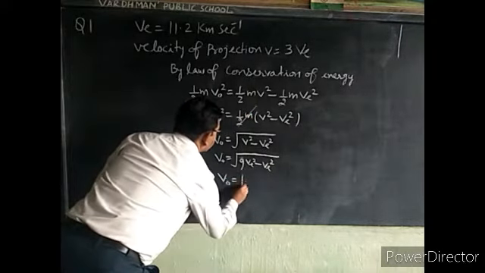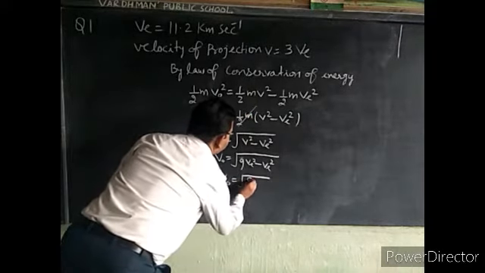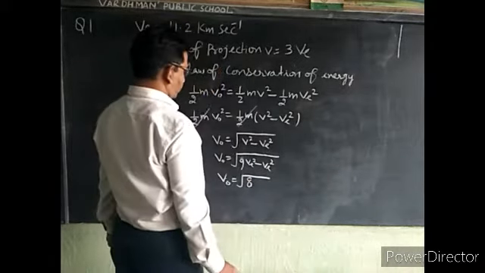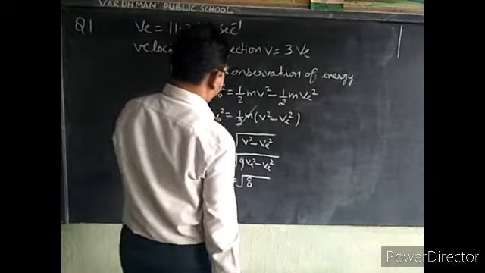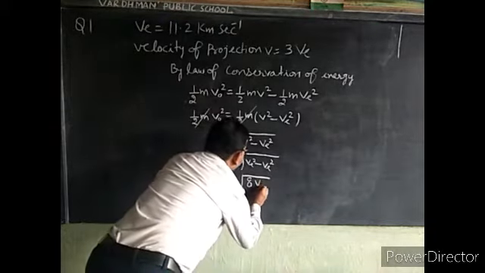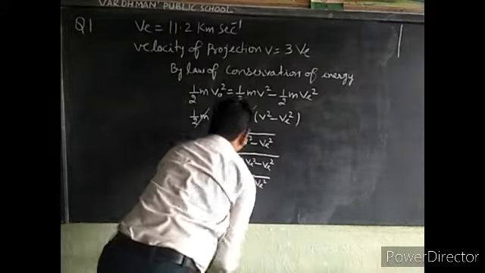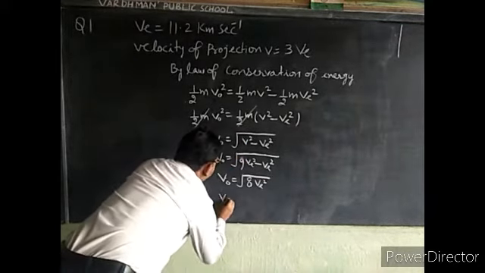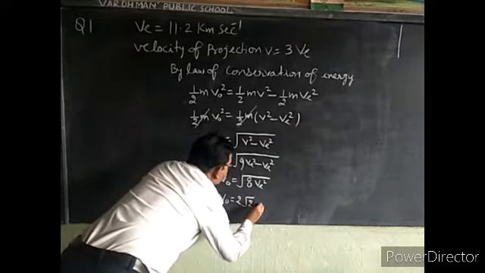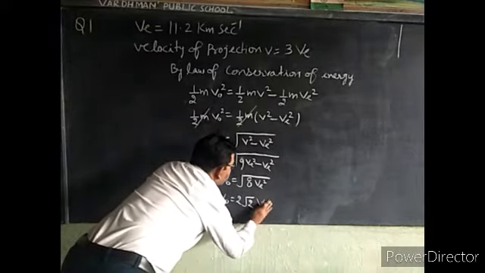So vo is equal to under root 8 Ve square, that is vo equal to 2 under root 2 Ve.